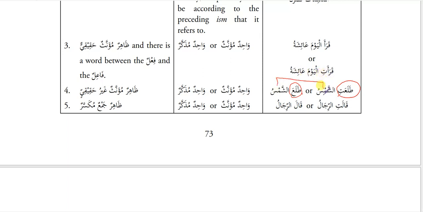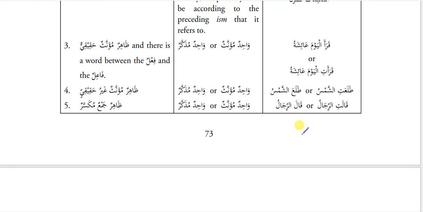Shamsun is a fa'il and a muannas, but this type of muannas does not have a muzakkar opposite gender, so we can use a muzakkar fi'l as well as a muannas fi'l. And if the fa'il is jama mukassar, we can use a muzakkar fi'l as well as a muannas fi'l. So qalatir rijalu, here qalat is muannas, and qala ar-rijalu, here qala is muzakkar. In this case we can use a muzakkar as well as a muannas fi'l. There is no problem with that.